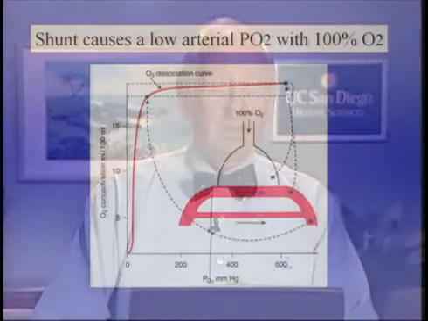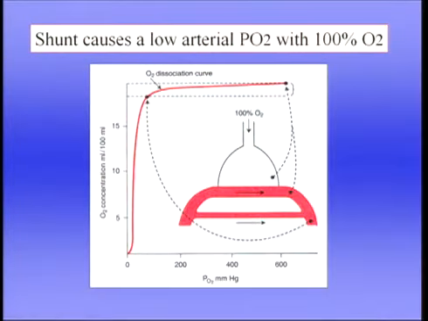Now, there's an important feature of patients who have a shunt, and I'm going to go into that briefly now, because sometimes it causes a problem with some people. And this is the fact that if you give a patient with a shunt 100% oxygen to breathe, the arterial PO2 does not rise to the expected level. Shunt is the only cause of hypoxemia where this is a fact.